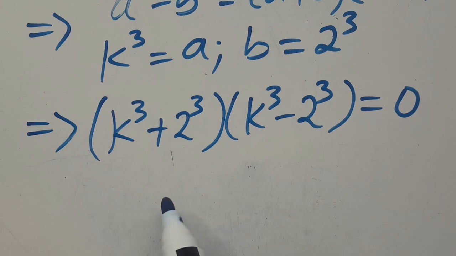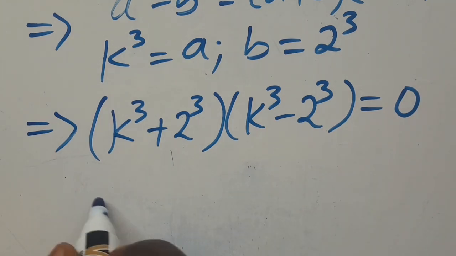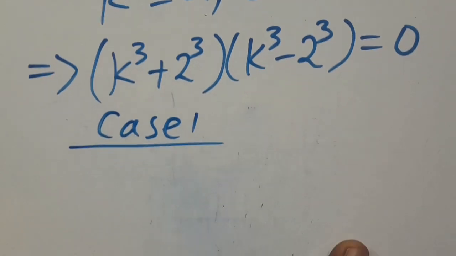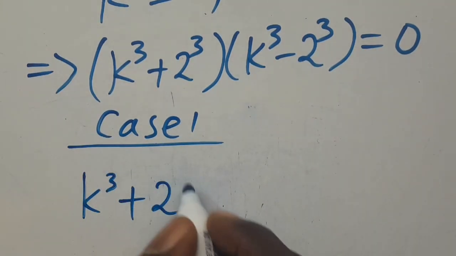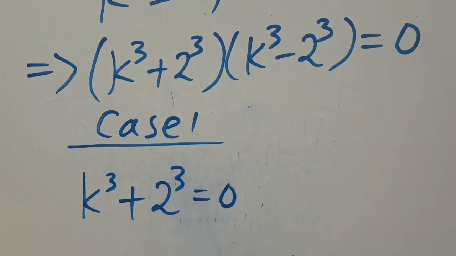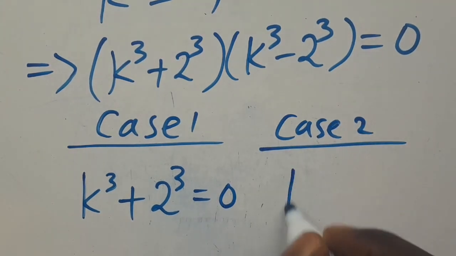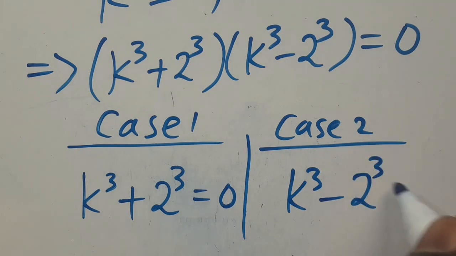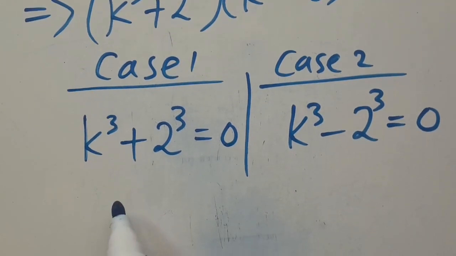What we are trying to say here is that for this expression to be equal to 0, either we have, let's say case 1, k to the power of 3 plus 2 to the power of 3 equals 0, or case 2, k to the power of 3 minus 2 to the power of 3 equals 0. Then let's deal with case 1 first.